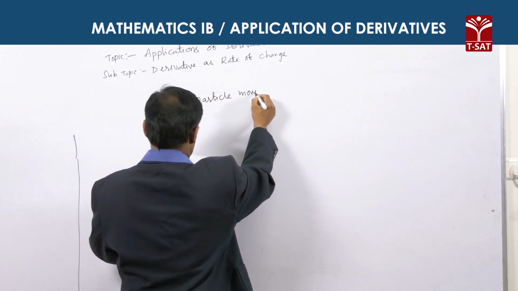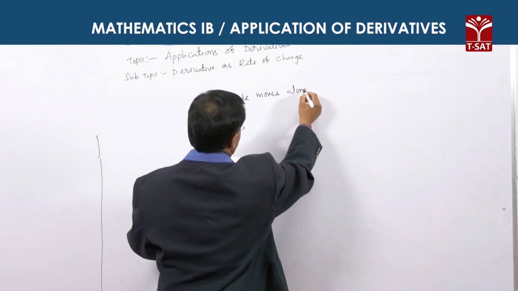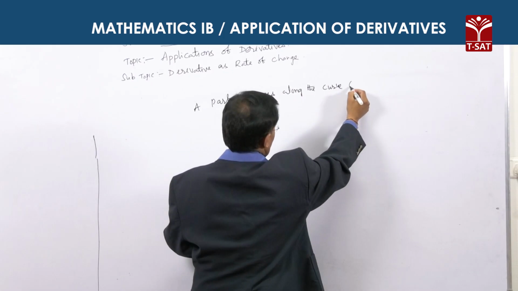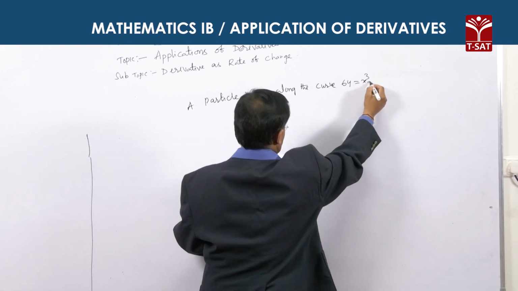A particle moves along the curve 6y is equal to x cube plus 2.